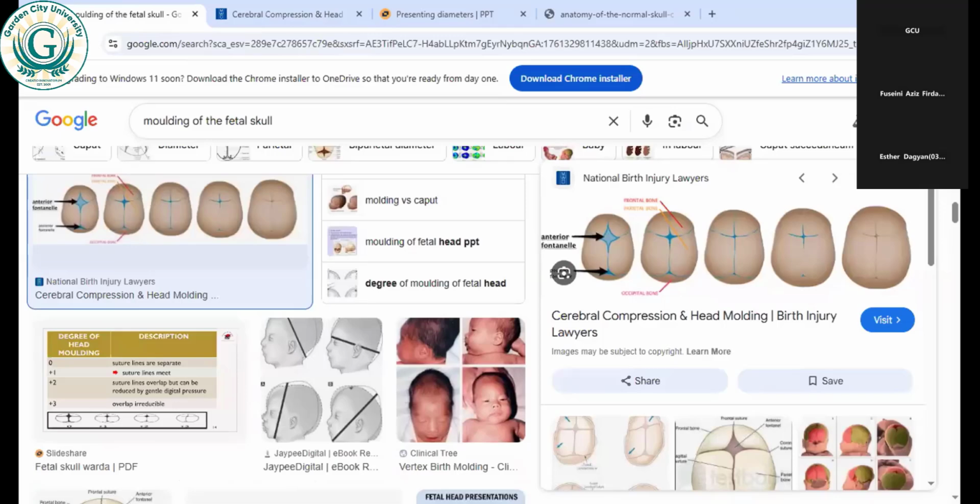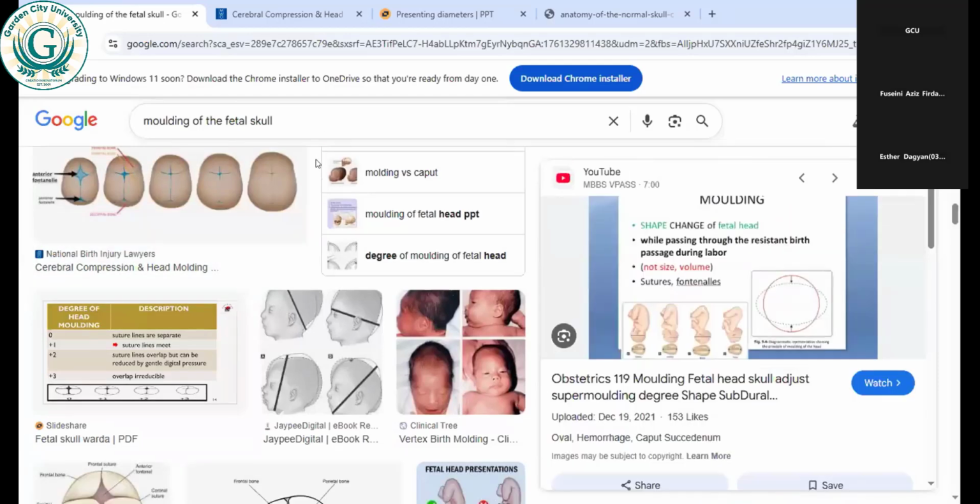make it face presentation. So it is the submentobregmatic, and we said sub is part of a region. So right under the mento, that's the chin. So submentobregmatic, from under the chin to the bregma.